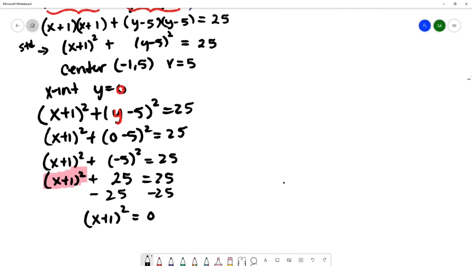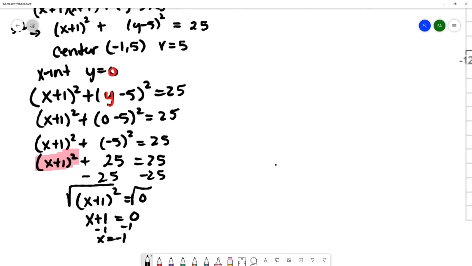Let's get rid of the square by square rooting both sides. That's x plus 1 equals 0, and I subtract 1, and x equals negative 1. So we do have an x-intercept. And that x-intercept is negative 1, 0.